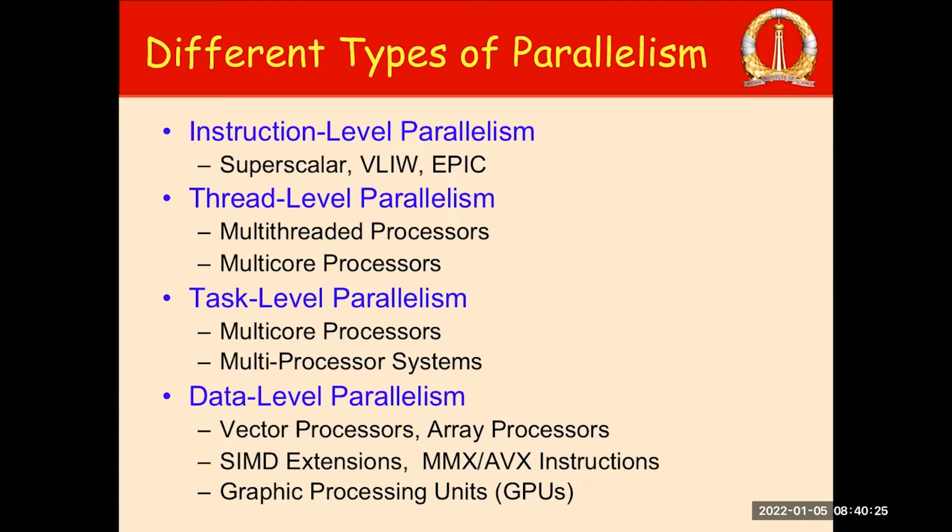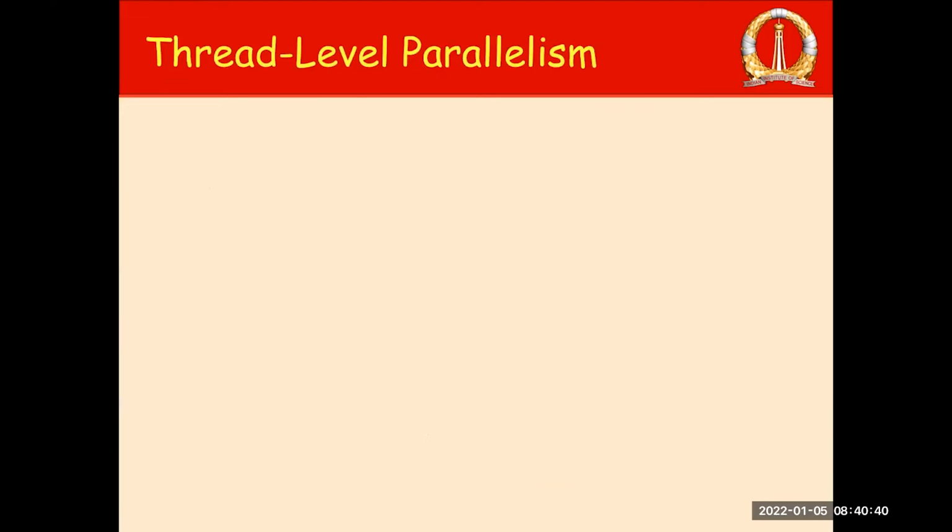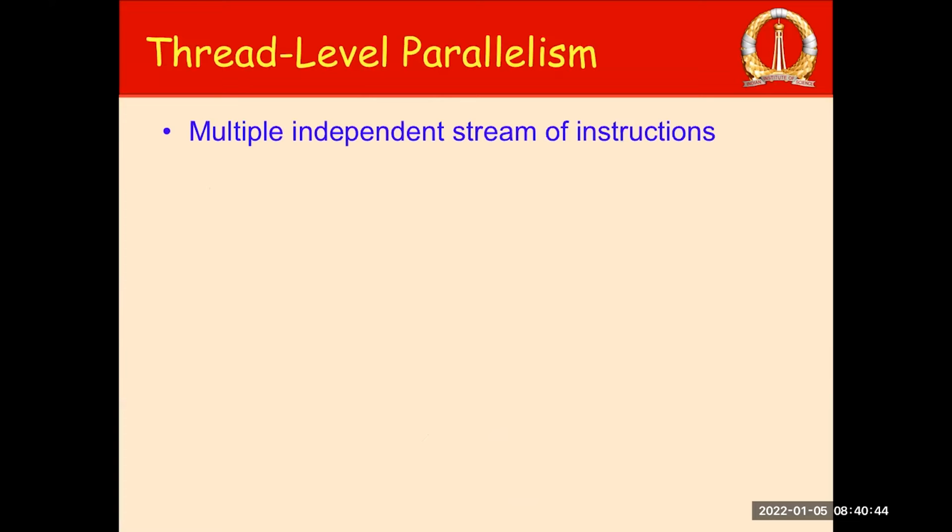In this lecture, we are not going to focus on data level parallelism, but if you had a lecture on graphics processing units, or lectures on advanced vector instructions and so on, they essentially exploit data level parallelism. Okay.